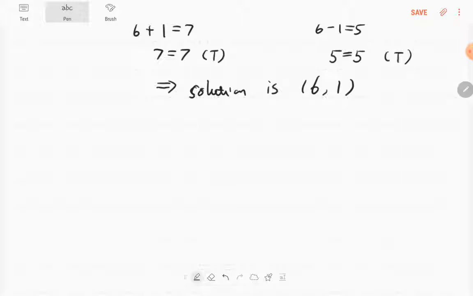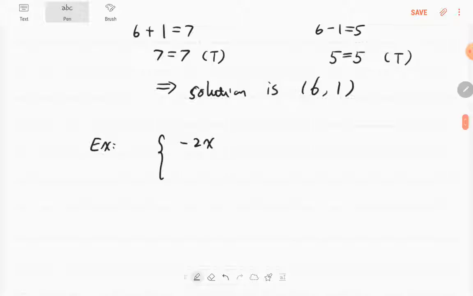Sometimes we need to do a little bit more, then we can use the addition rule. Let's check another example. So this time we have this system. But when we observe these two equations, we realize if we add them up, we cannot directly eliminate one variable, right? Because when we add them up, we will get negative 3y plus negative 3x plus 4y.